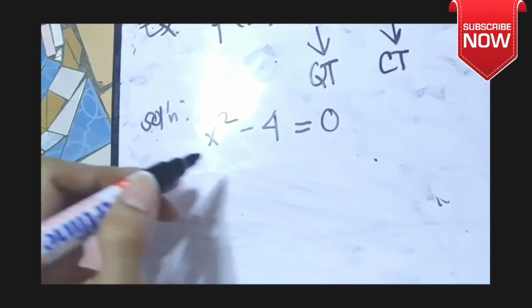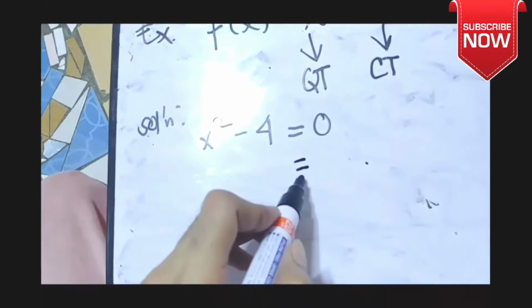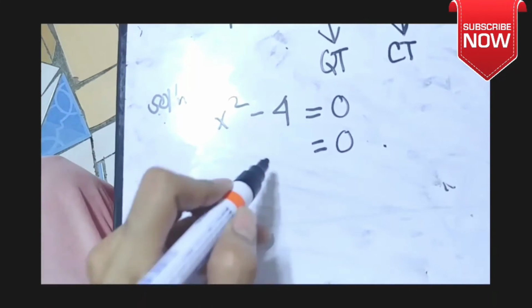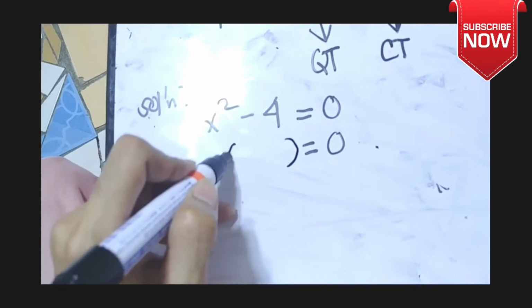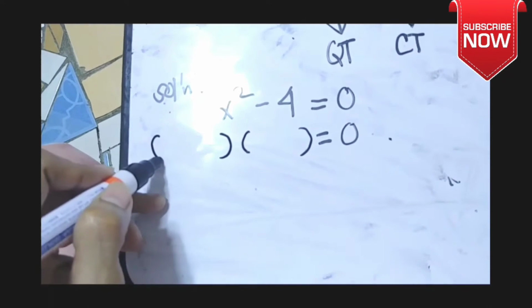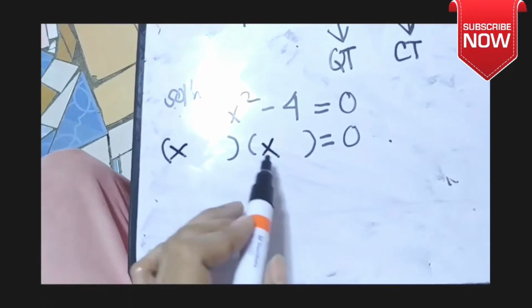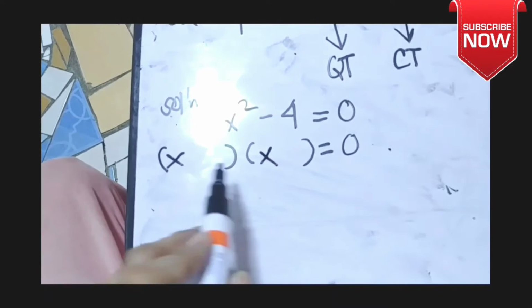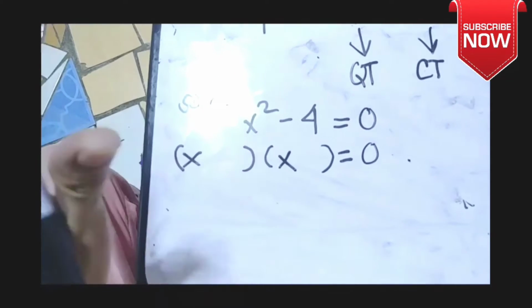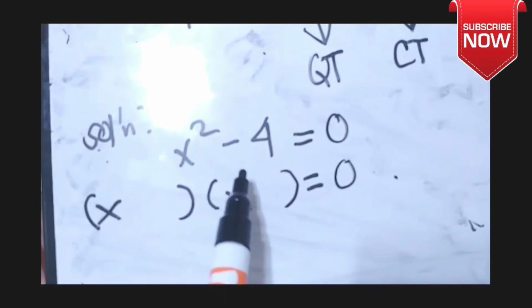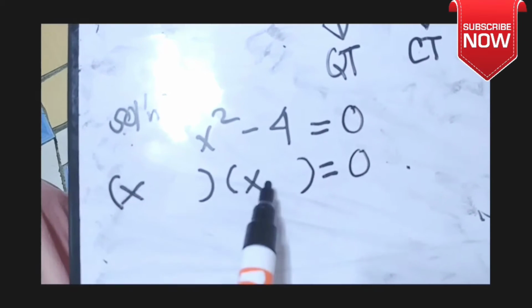So sa pag-factoring, automatic, maglagay na kayo ng equals and 0 sa tapat mismo ni equals and 0 para mas convenient tignan. Okay? And then automatic, dalawang open and close parenthesis. Then automatic, x, x. Bakit xx? Kasi pag minultiply mo ang dalawang x, ang sagot ay x squared. So meaning tama. Ang problema lang natin, hindi natin alam kung ano yung ilalagay nating sign after x.